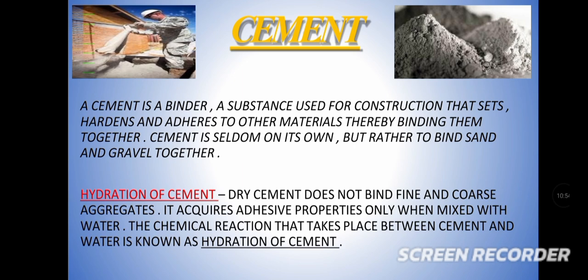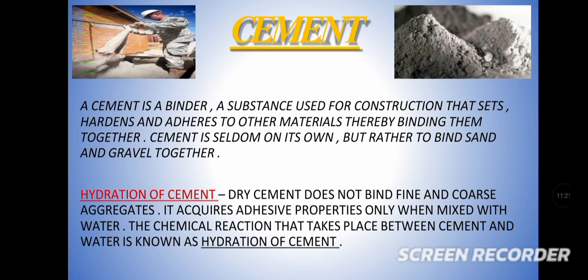Now, if we want to know the usage of cement in concrete, we need to know regarding the hydration of cement. Now, what is hydration of cement? Dry cement doesn't bind fine and coarse aggregates. Now, I'll give you a preliminary idea about aggregates. What are aggregates?